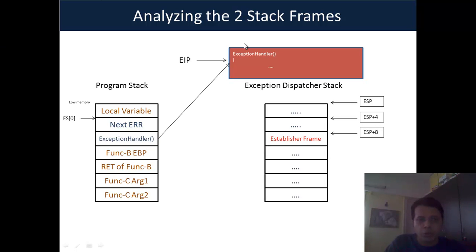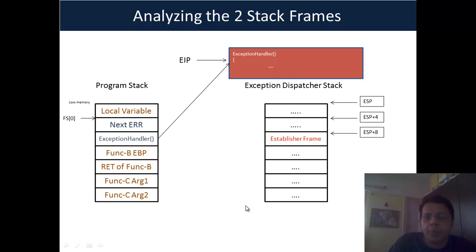It is important to note that when the exception happens and the CPU runs through this exception handler, all the data here would be on the exception dispatcher stack, which is still running in the same context of the current thread. But this stack is on a different stack frame, even though they are located physically in the same process.